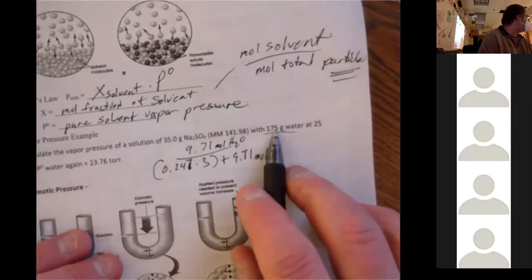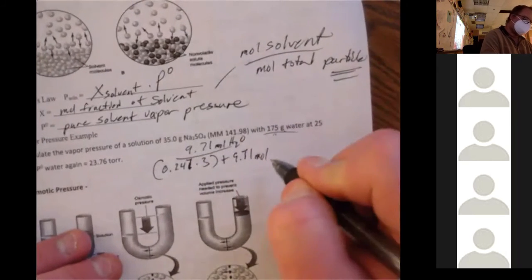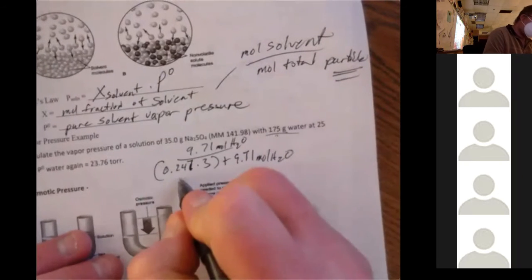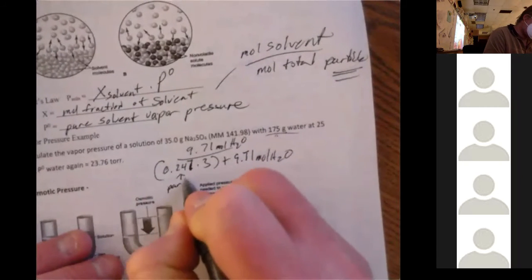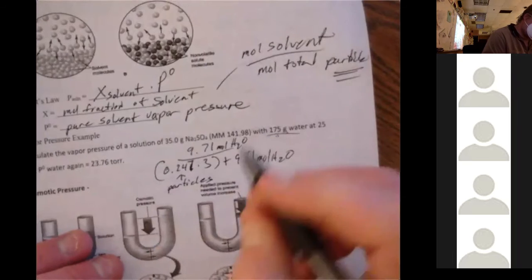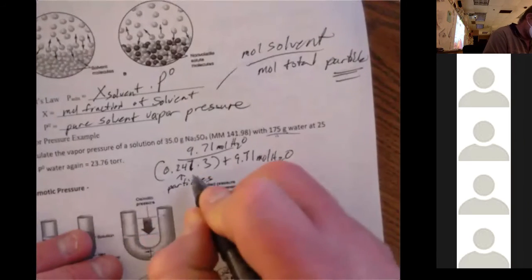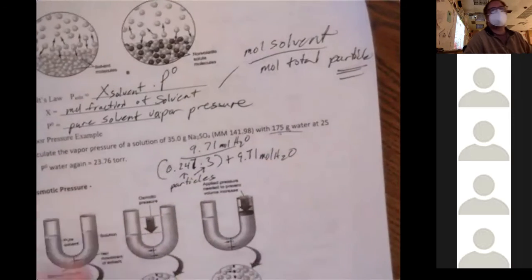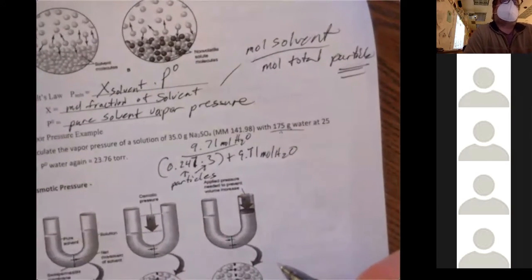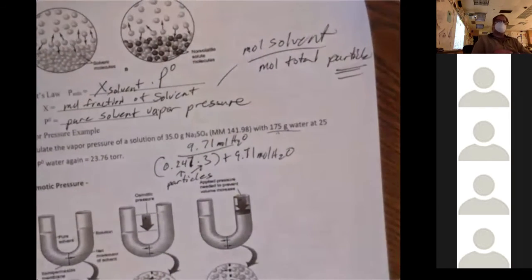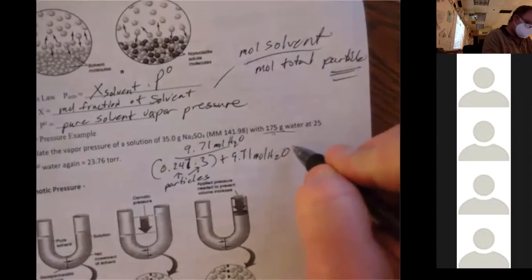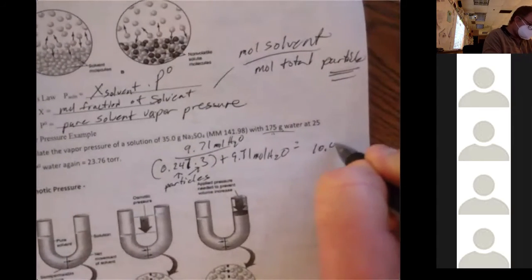175 divided by the molar mass of water, 18.02. So 9.71 plus 0.247 times 3 gives 10.451.